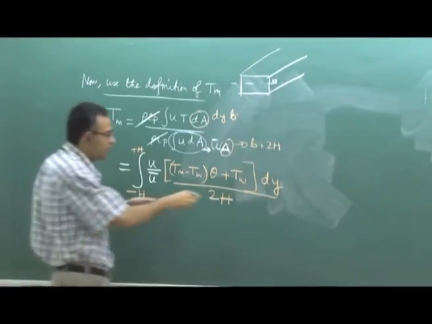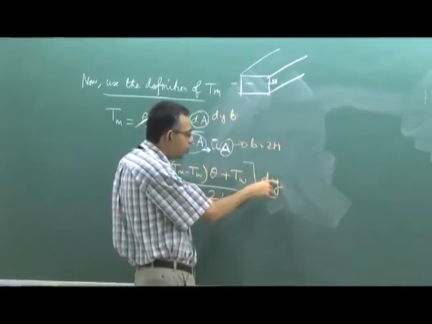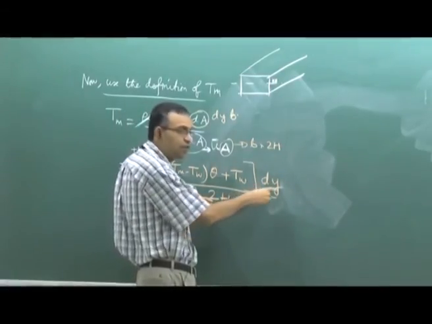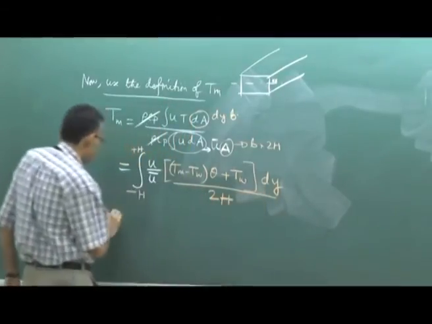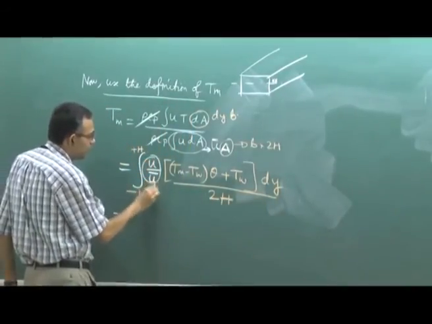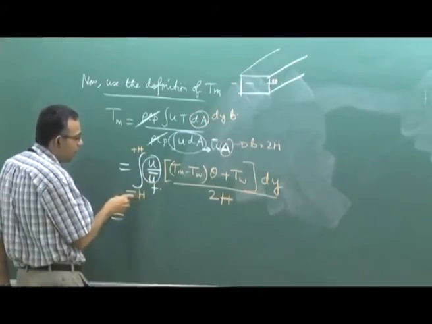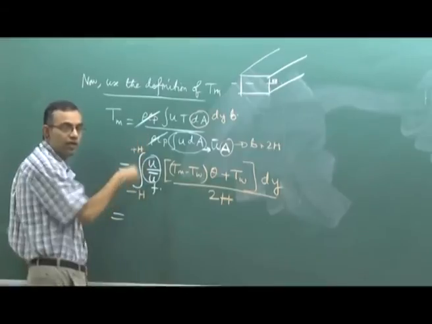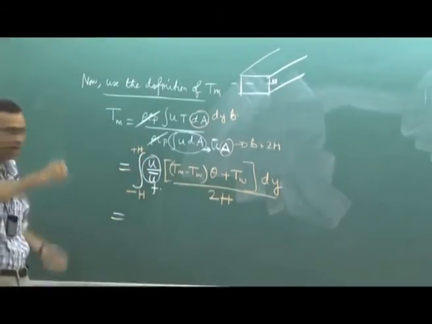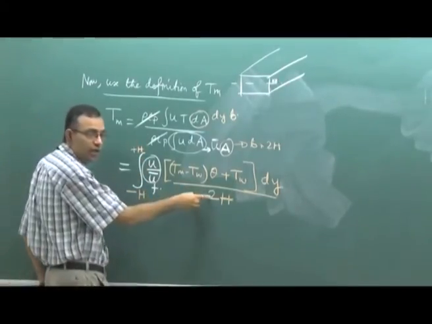You can change the variable from y to y bar by putting this h within the derivative. So it will become dy bar. This is the function f, and the integral from minus h to h is 2 into the integral from 0 to h, because it is symmetric on the two sides. So that 2 and these 2 will cancel.